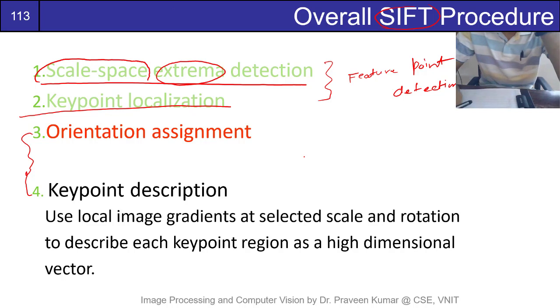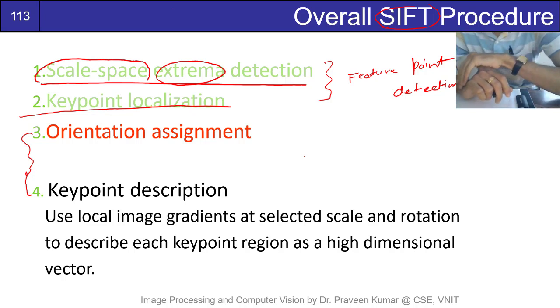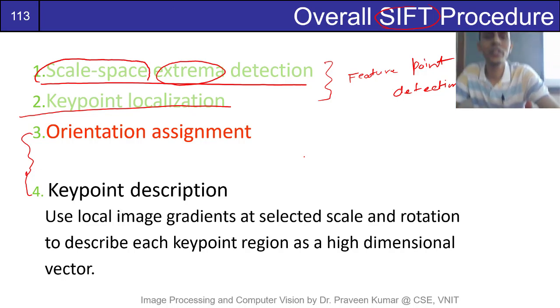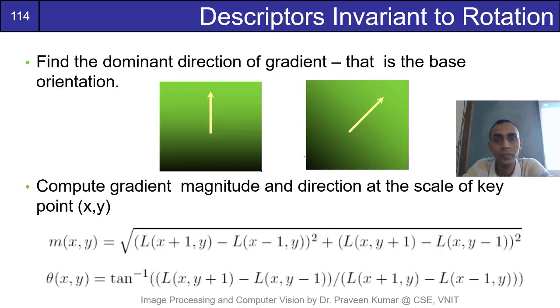We want our descriptor to be as invariant as possible while we move from one viewpoint to another, but at the same time we want it to be distinctive enough so that it does not match similar points. That trade-off has to be maintained, and it is a very sensitive trade-off. We'll discuss in today's class how the SIFT procedure does this.